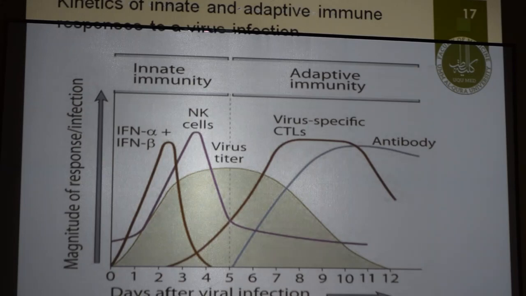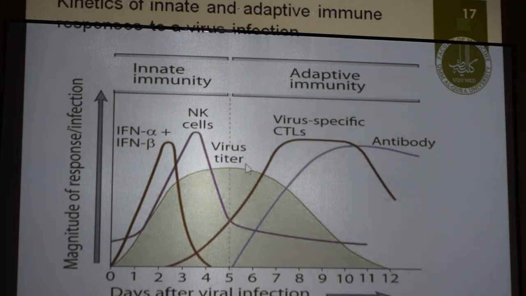At the same time, natural killer cells, non-specific cells, will be activated and start killing, so they will do their job. You can see the virus starts to proliferate and reaches its peak around the 5th day.